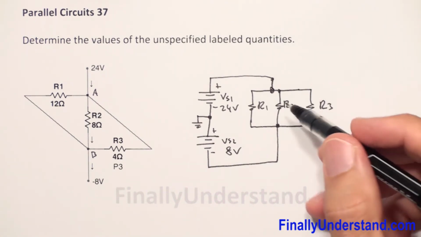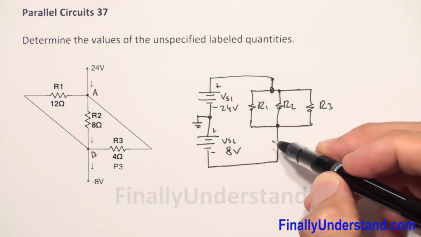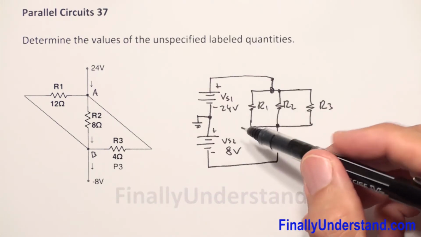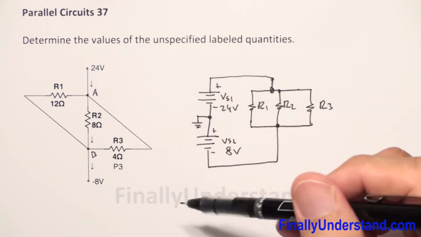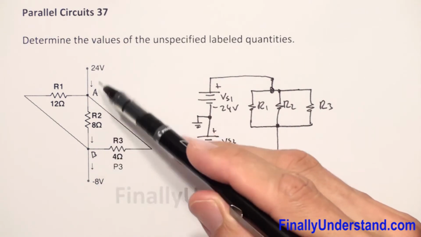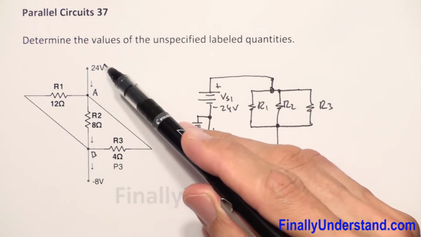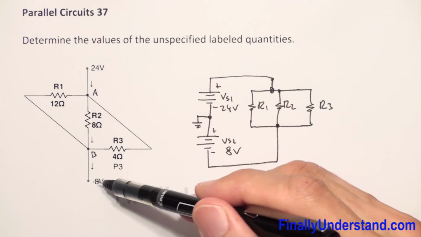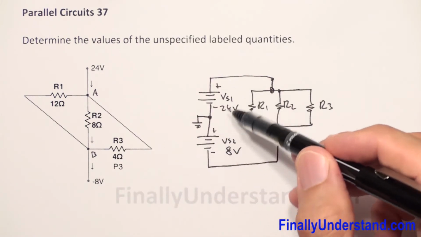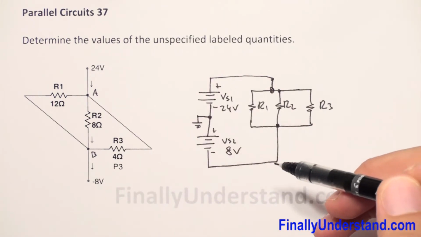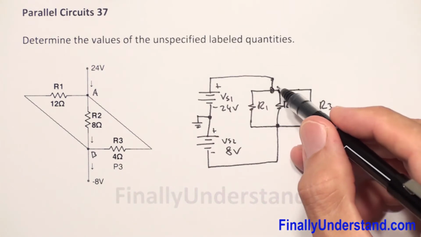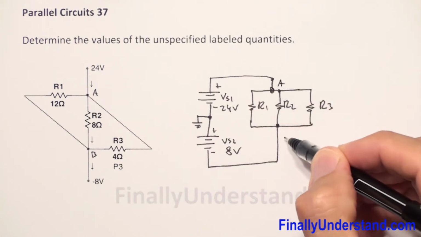This is the way the circuit is supposed to look when it is built. Engineers use shortcuts, that's why they write 24 and negative 8, but it simply means this circuit. This is our point A, this is point B.